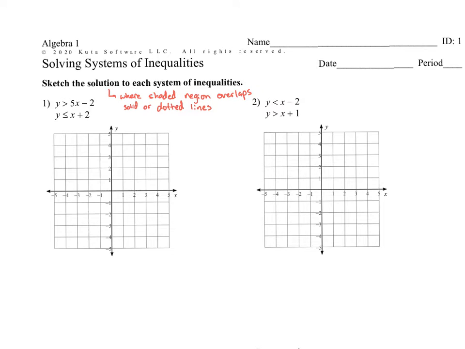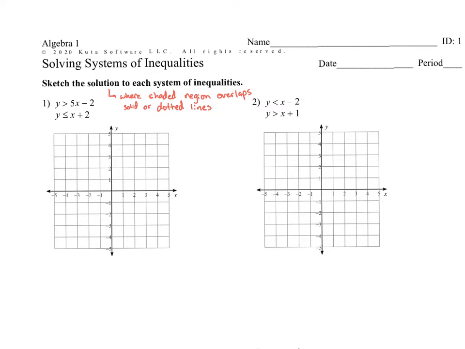So please make sure you're graphing your lines correctly and make sure your shaded region is clearly marked. As I'm doing this on a video, I have colors at my disposal. If you want to grab colors, that would be a fantastic idea. Otherwise, you need to find some way of showing me which shaded region goes with which line, so I can see the overlap clearly. All right, let's get started.